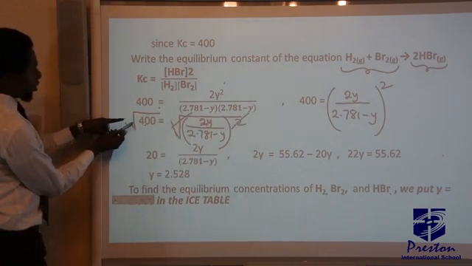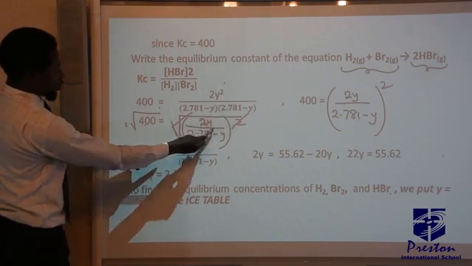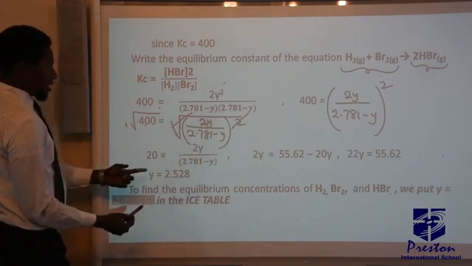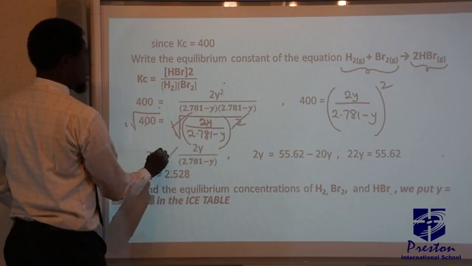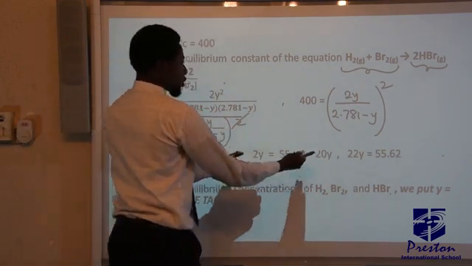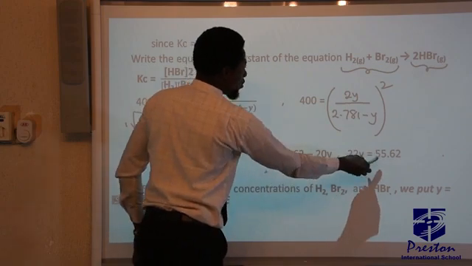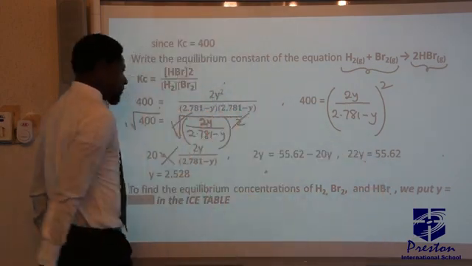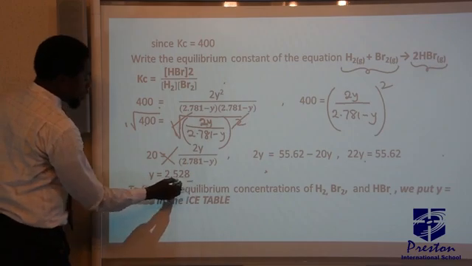What is the square root of 400? 20 equals what you have left here, 2y divided by 2.781 minus y. So from here, we can now cross multiply. If you cross multiply, we now have 2y equals to this, then you solve for y. 22y will now give you 55.62, then you divide both sides by 22, and your y will give you 2.528.